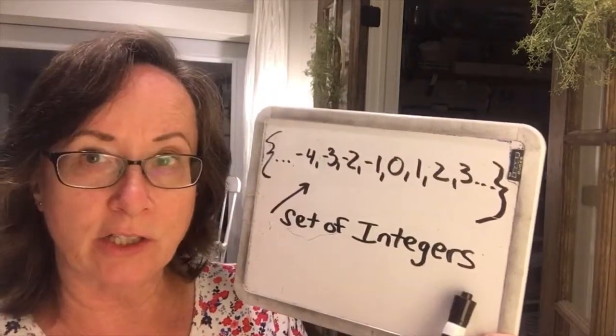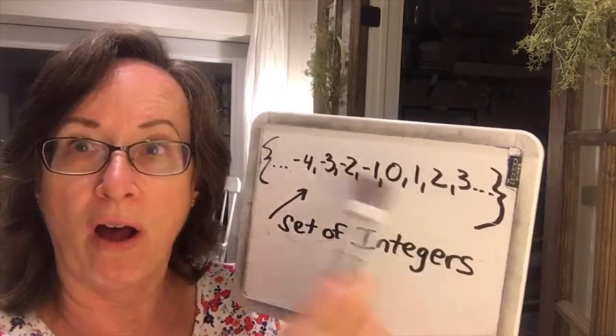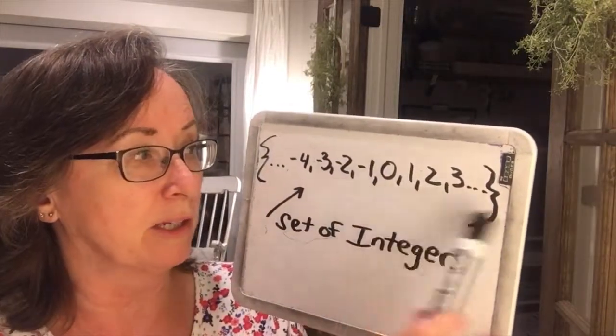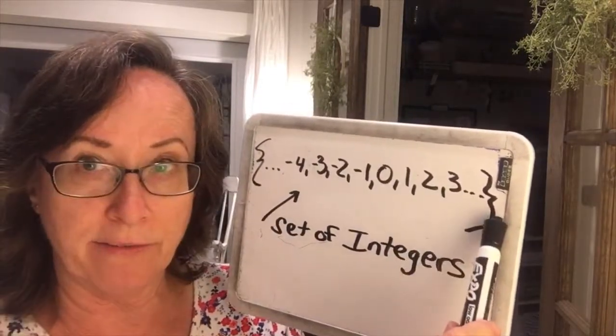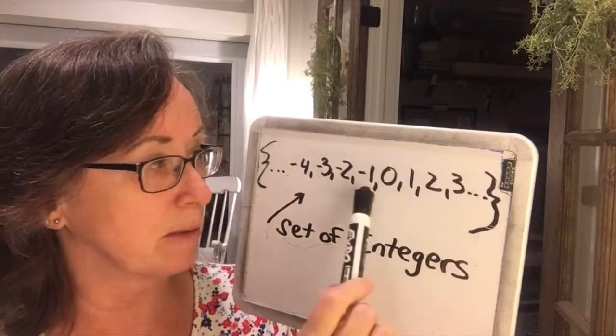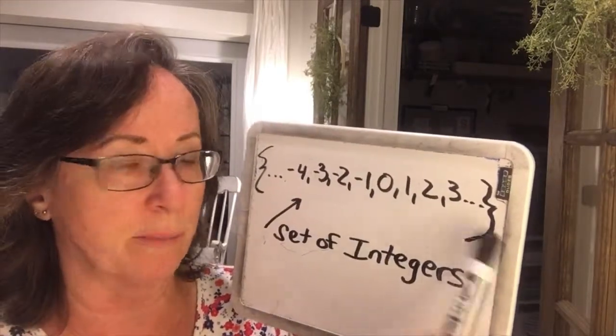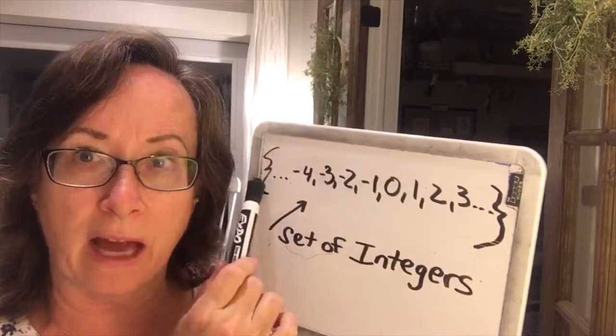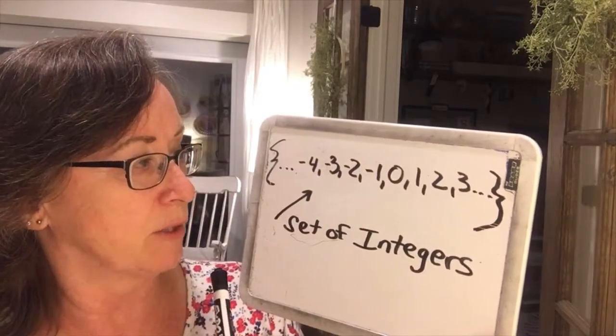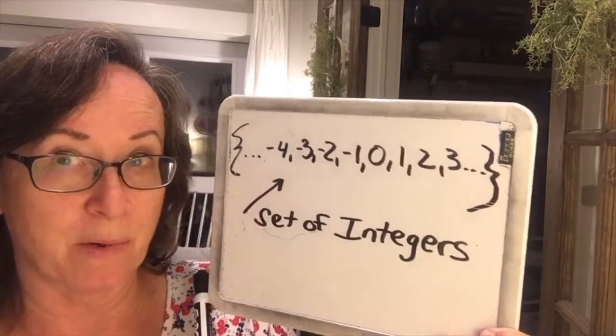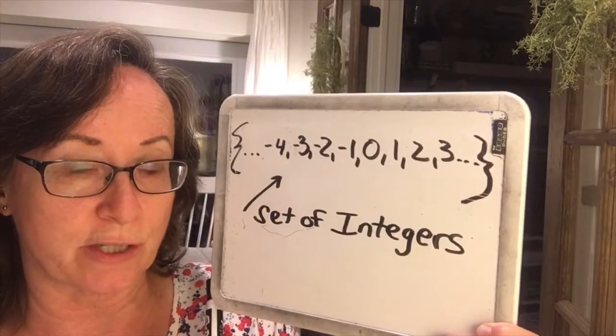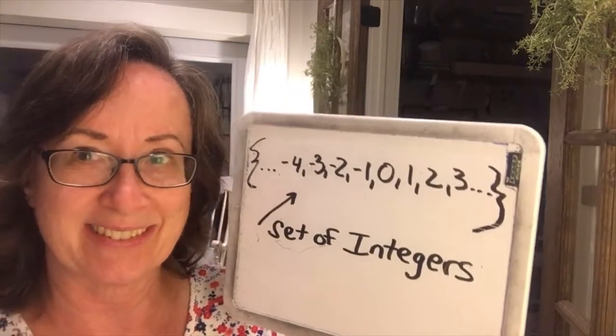Our set of integers includes all of the positive natural numbers and 0, so it includes all the whole numbers, but then it includes all the opposites of those. We're going to be learning a lot more about that set of integers as we move on here.